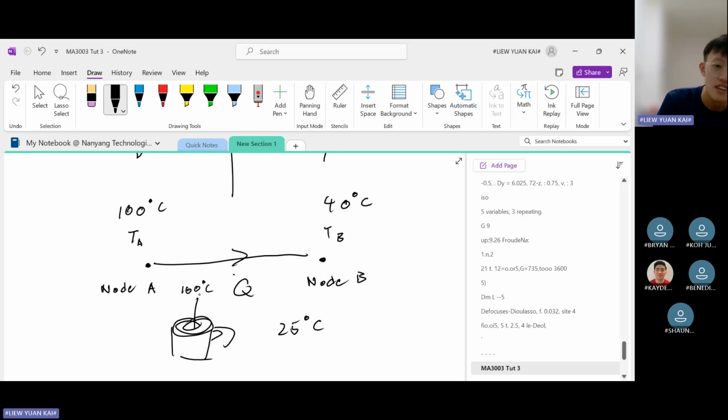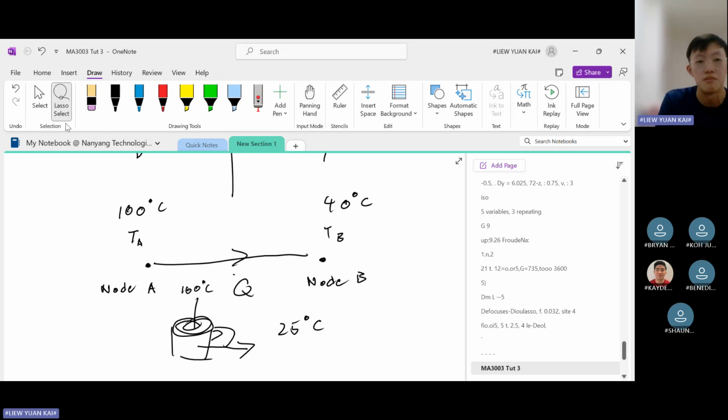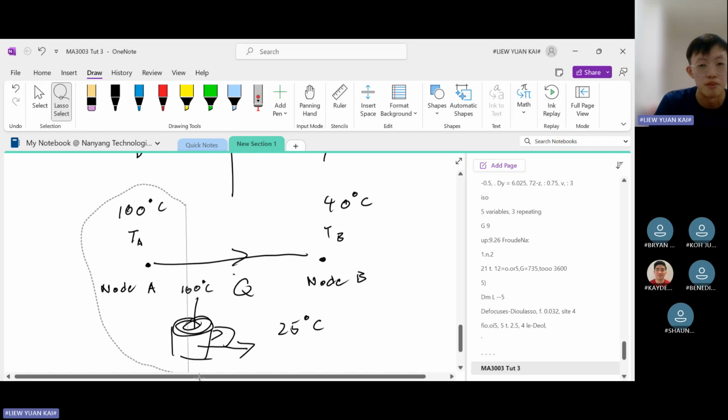That's because the coffee is hot while the room temperature is colder, so heat will flow from the coffee to the room. Then it cools down and you are able to drink your coffee. So heat flows from high temperature to lower temperature, and what drives heat to flow is a temperature difference. That's how you draw the similarity between voltage and temperature.